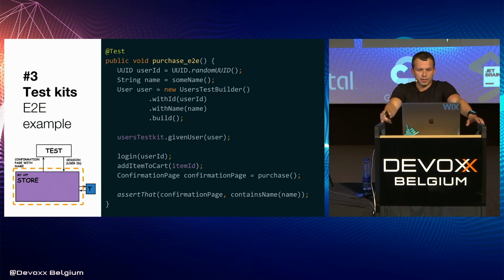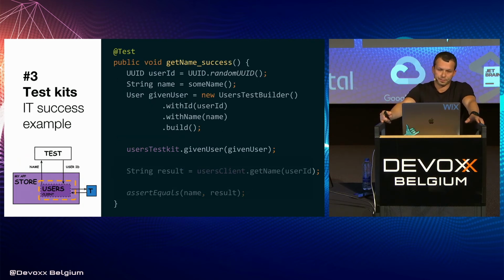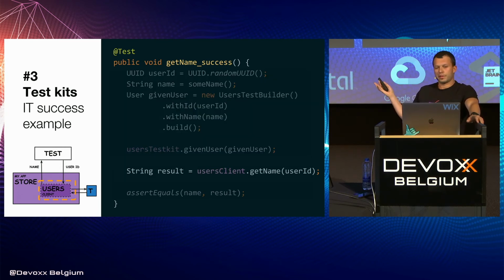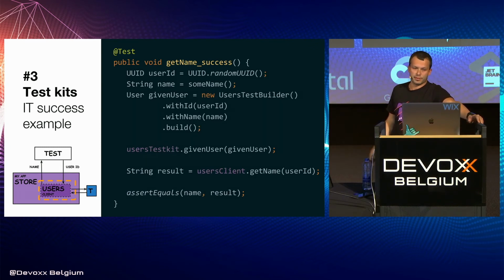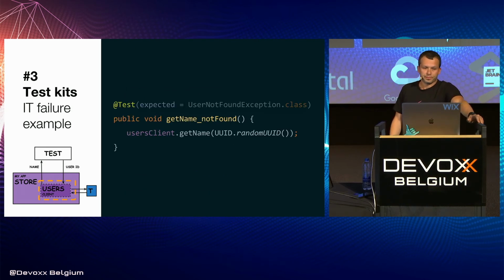Okay, let's now look at the IT sample and the integration test. Very similarly, the setup is very similar. Then we execute the code, and we assert that the name is what we expect. The non-happy path.